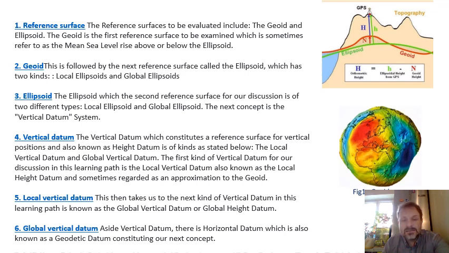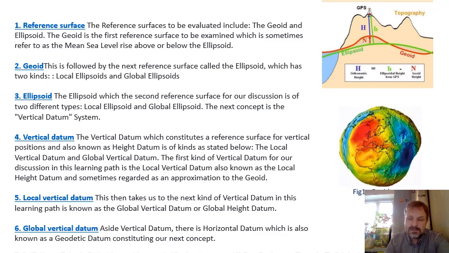The next kind of vertical datum in this learning path is known as the global vertical datum, or global height datum. The global vertical datum is also known as the geodetic datum.